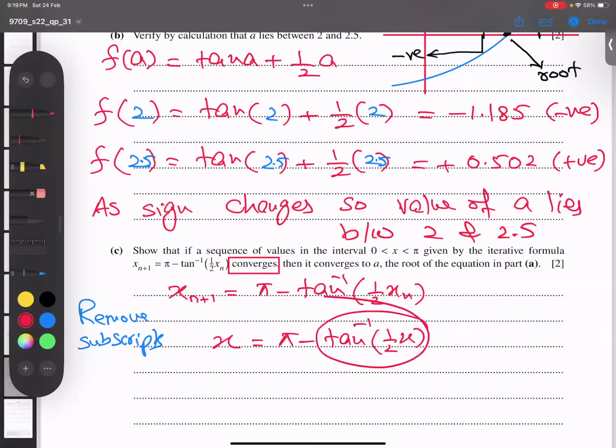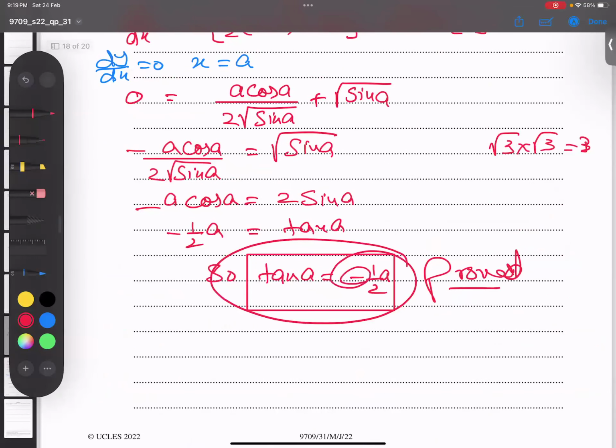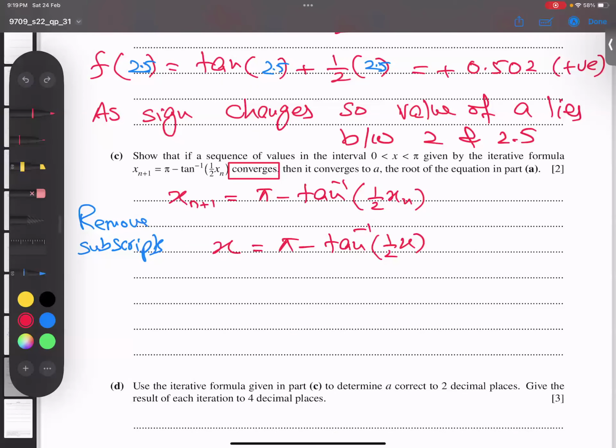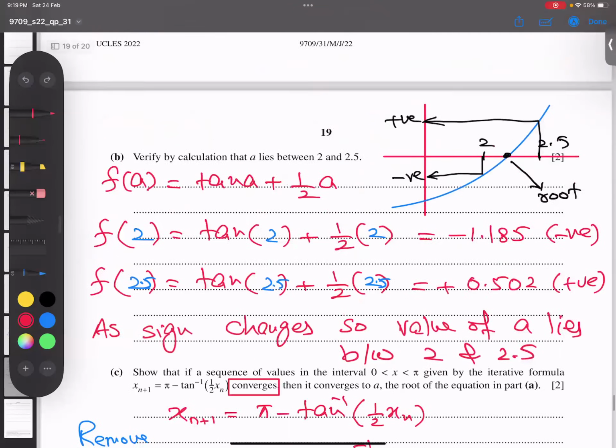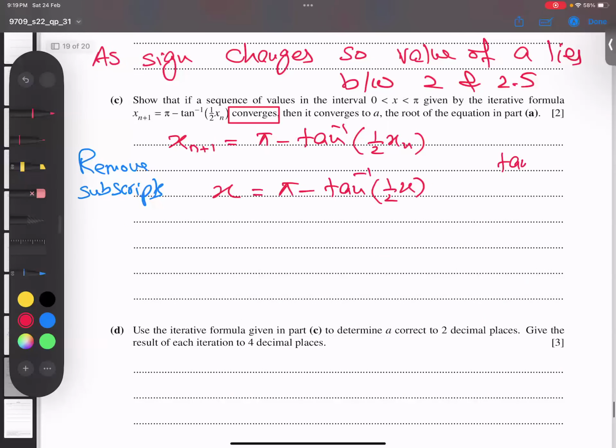Now I'll bring this whole tan inverse to the left hand side. Actually, we have to prove this connection, so minus must be there. How can I get our target? Our target is what, students? tan a equals negative half a.